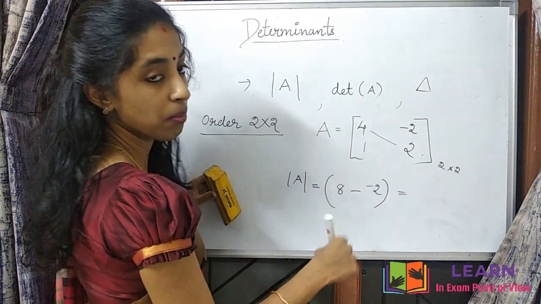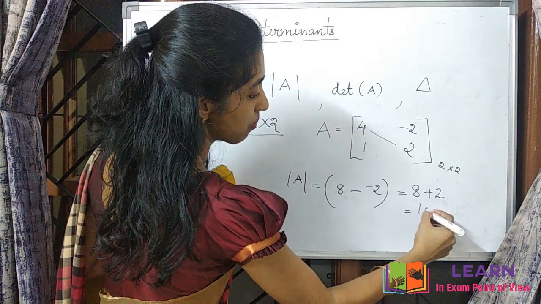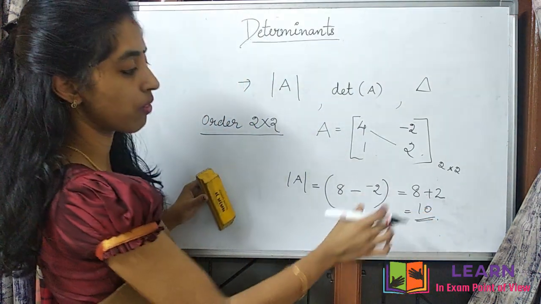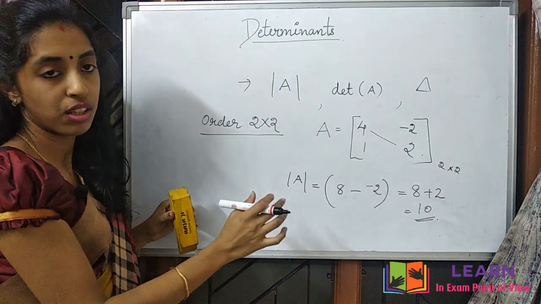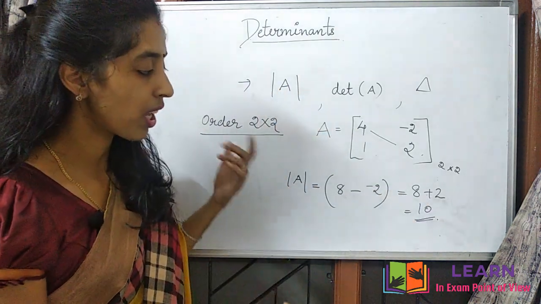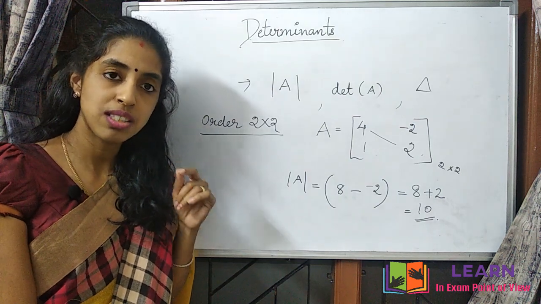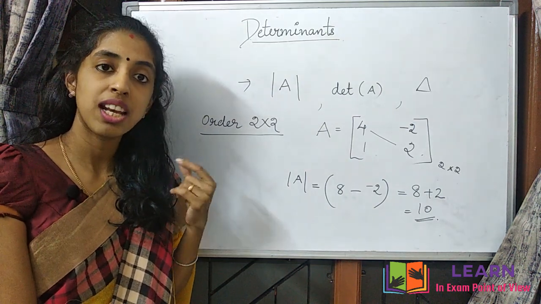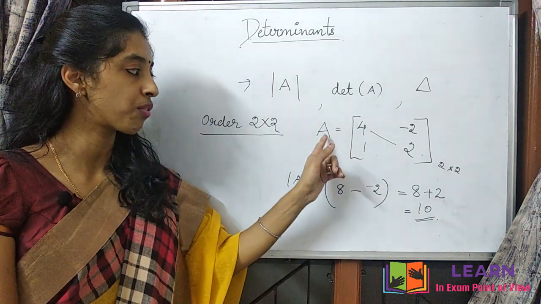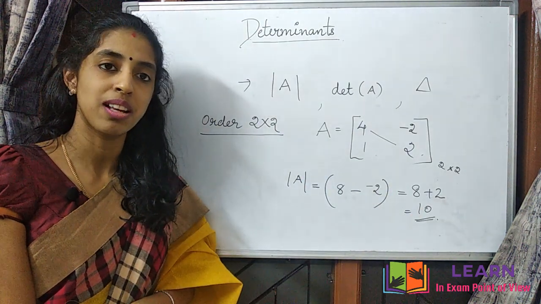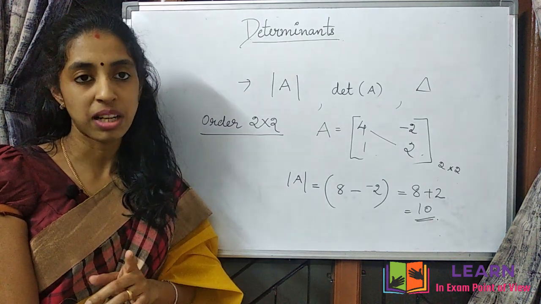Minus minus becomes plus, so 8 plus 2 becomes 10. Like this we get a number, and this number is called the determinant of the square matrix. So we can directly connect to the definition: for every square matrix A, we can associate a number which is called the determinant of the corresponding square matrix. Clear?